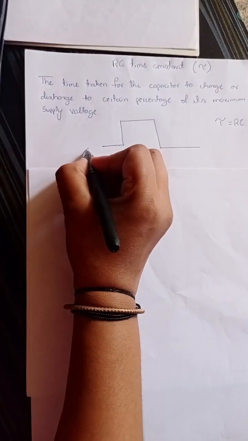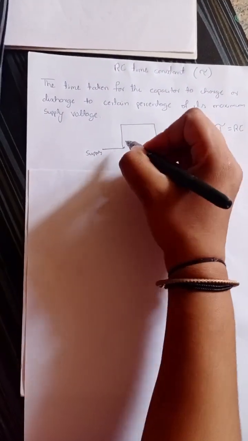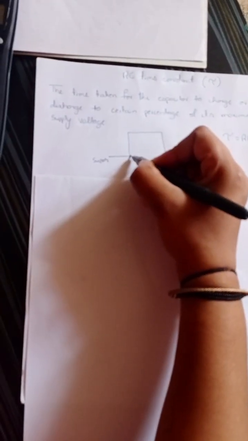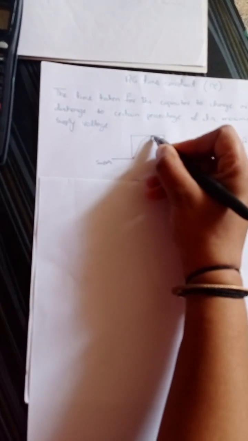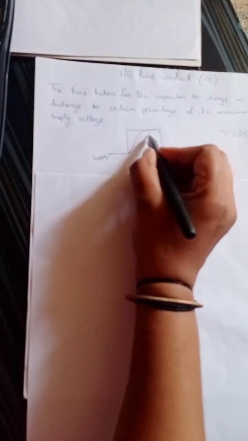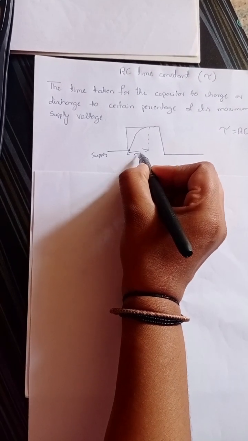So if we consider this is the supply voltage and the capacitor, the time taken for the capacitor to charge to its maximum value is called the RC time constant, that is nothing but tau.